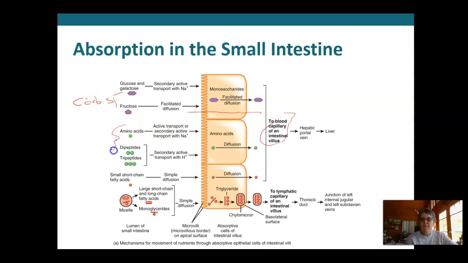We have proteins being chemically digested via enzymes to amino acids and smaller polypeptides, also going across the villi and into a blood capillary. My nucleic acids, RNA and DNA, are also going to go into a blood capillary.